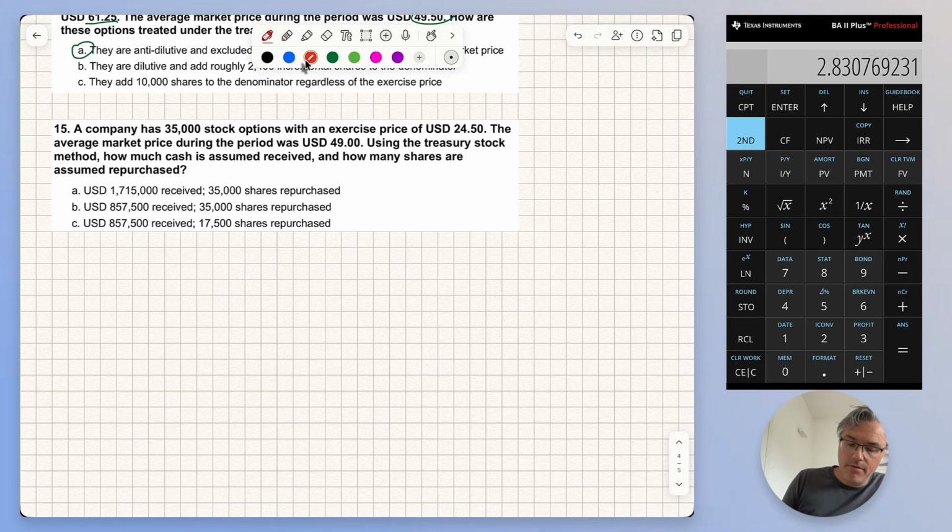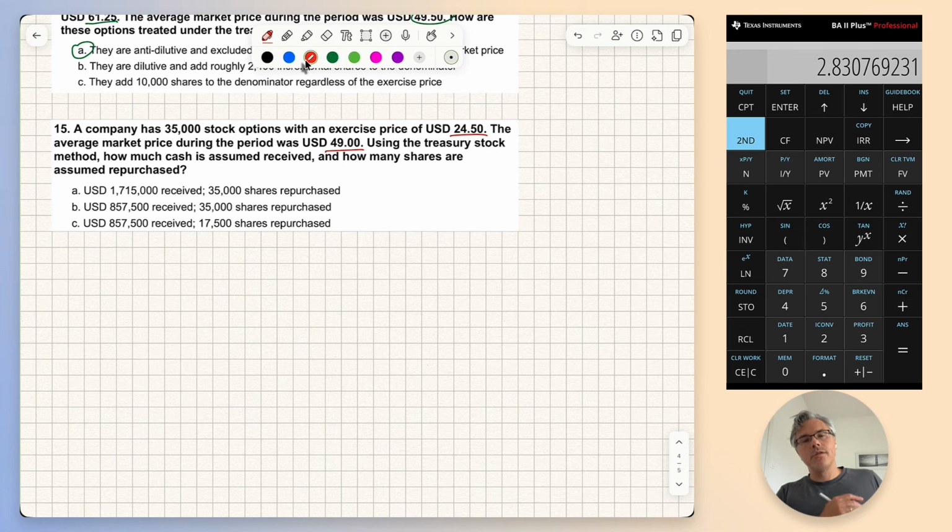So here it's the other way around, and we can safely assume these instruments are going to be dilutive because the exercise price is much lower than the current market price. Using the Treasury stock method, how much cash is assumed received and how many shares are assumed repurchased? So not asking us for the full DEPS computation, but just elements of the incremental shares computation, not even the whole one.